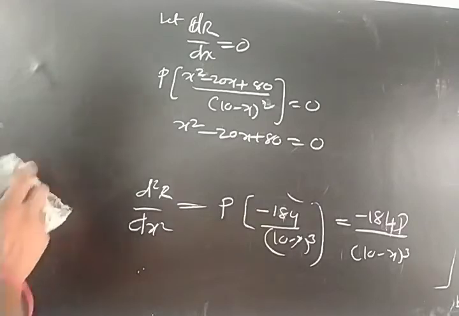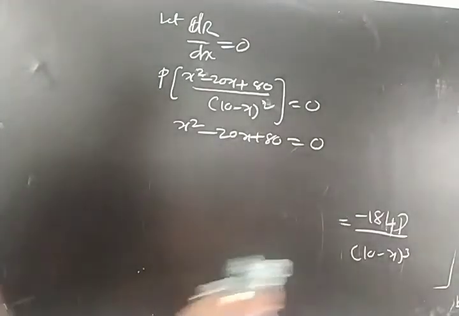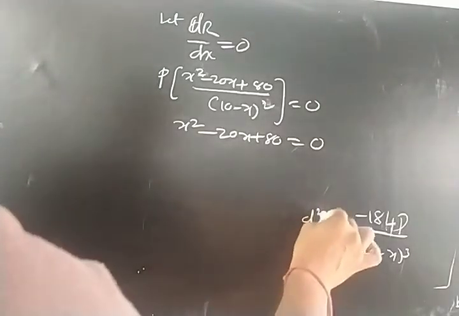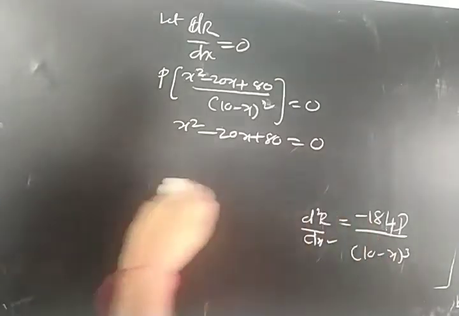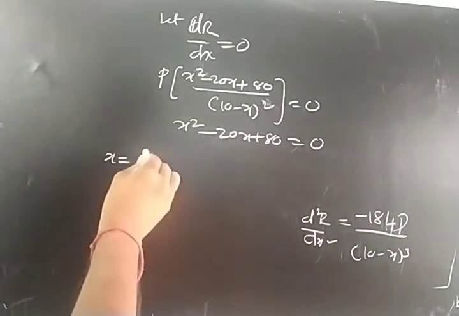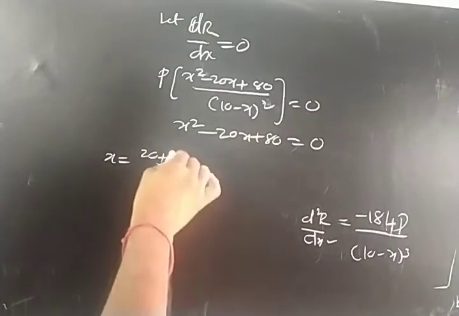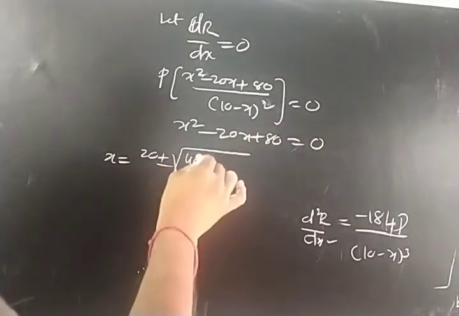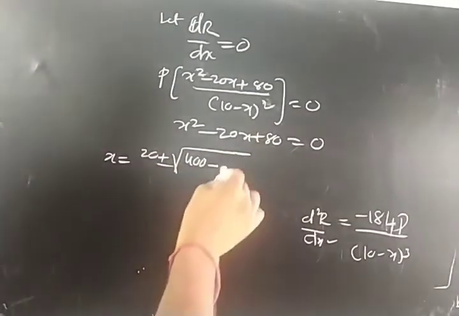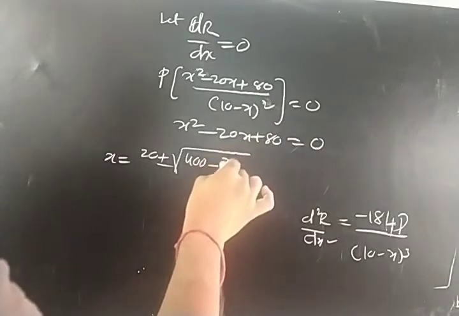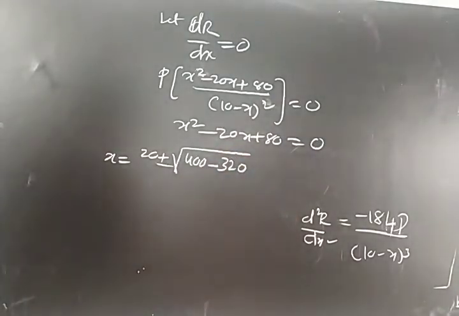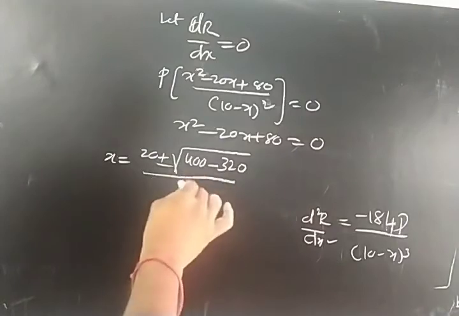So here I am going to find the x values by using the formula minus b plus or minus square root of b² minus 4ac, by 2a.